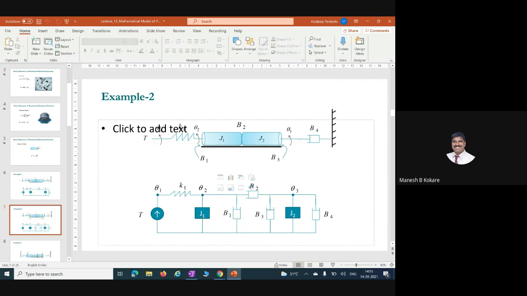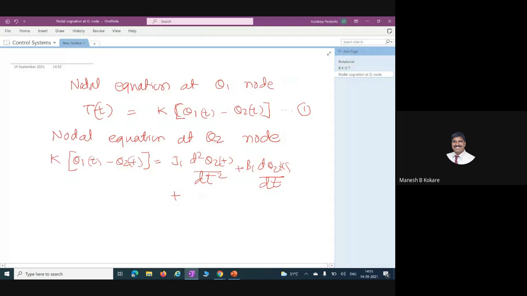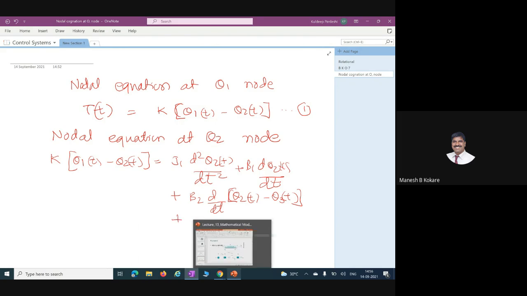See, B1 is over. B2 is connected between theta 2 and theta 3. So what will be the torque equation for this one? That is equal to B2 d by dt of (theta 2 of t minus theta 3 of t), right? Then plus, which one is left here?